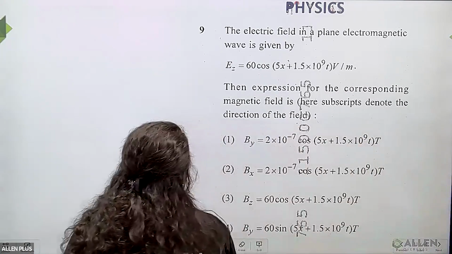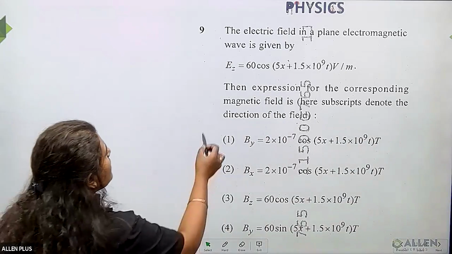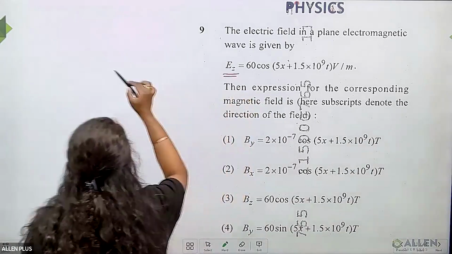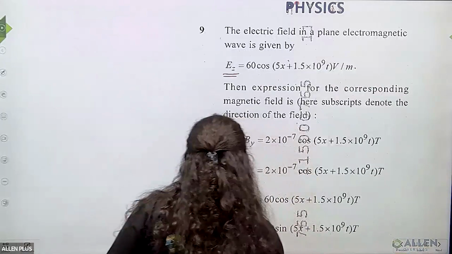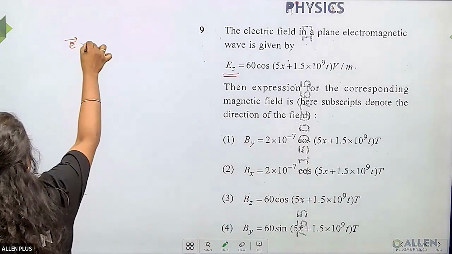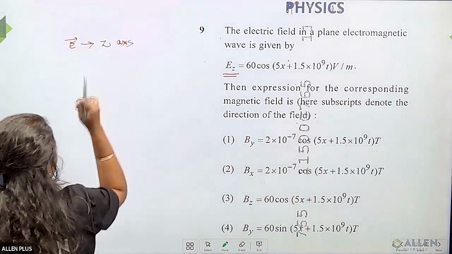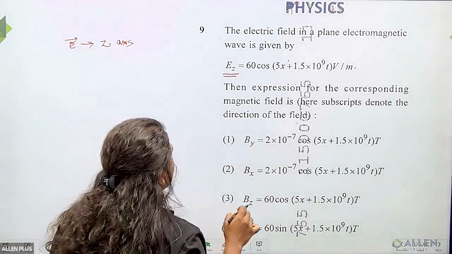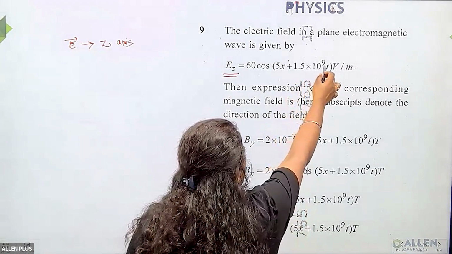The electric field in a plane electromagnetic wave is given by the equation. From the equation itself, it is very clear that the electric field is along the z direction: E_z = 60 cos(5x + 1.5 × 10^10 t).